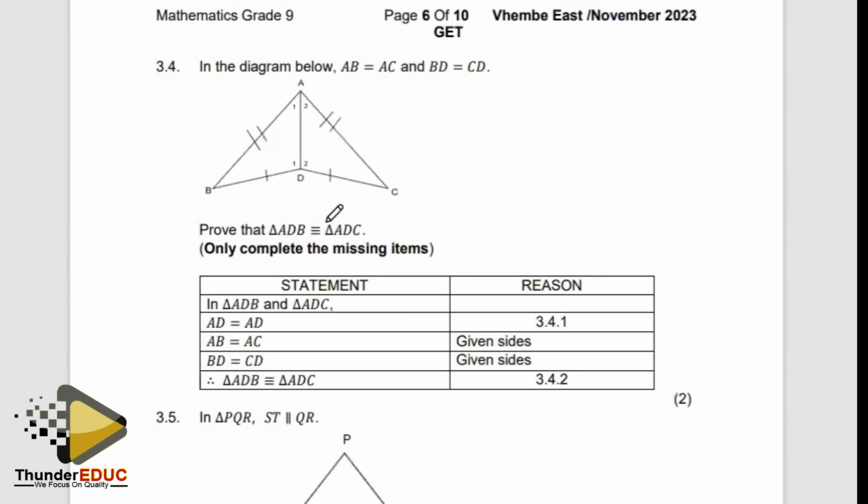Then 3.4. In the diagram below, AC is the same as AB, and BD is the same as CD. Prove that ABD is congruent to ACD. Those three horizontal lines mean congruency.